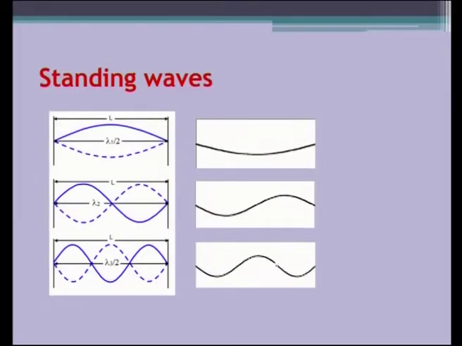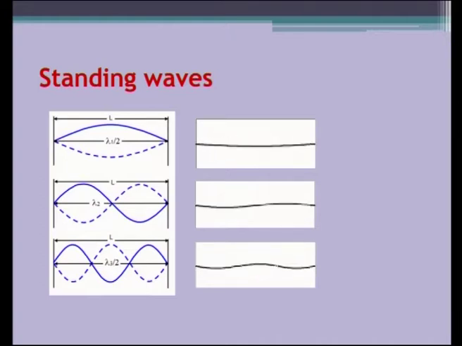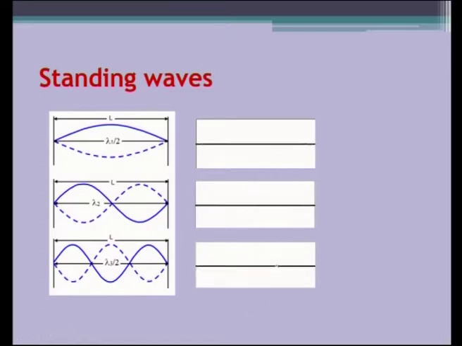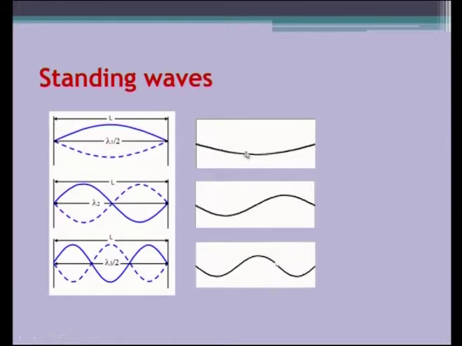So, let us see how the string, when it is vibrating, will look like. The vibration that is happening on the stretched string will look like this. The left hand side picture shows the static case, the photographic picture. The right hand side shows the dynamic case, where the vibrations are happening. Here, in the first case, there is only one loop formed.